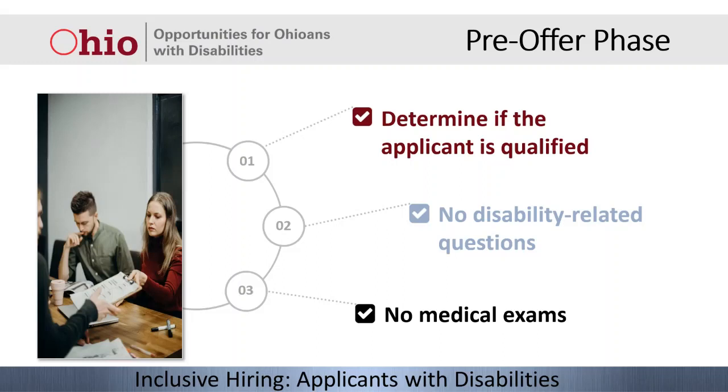And this applies to application forms, interviews, testing, and background and reference checks. The reason for this is to prevent qualified applicants from being screened out due to a disability before their ability to perform the job is evaluated.